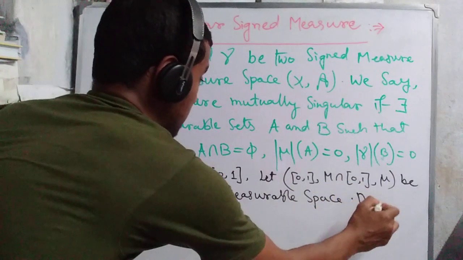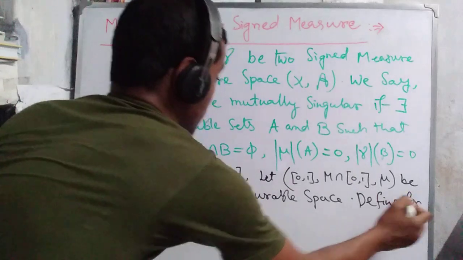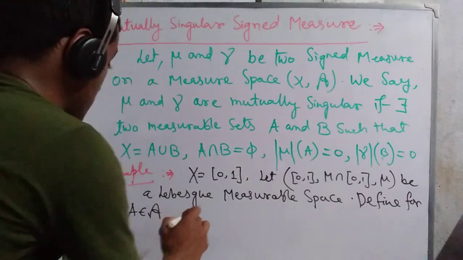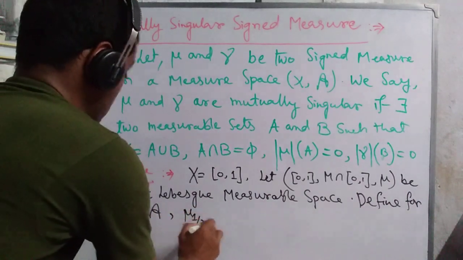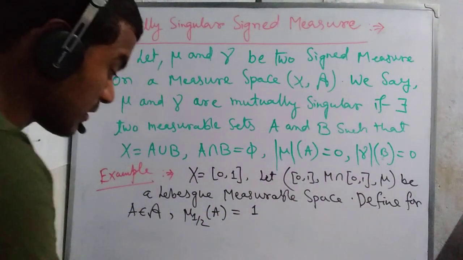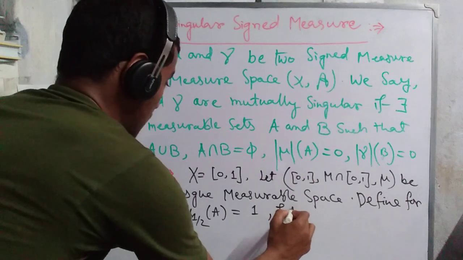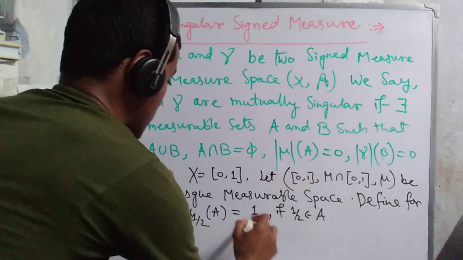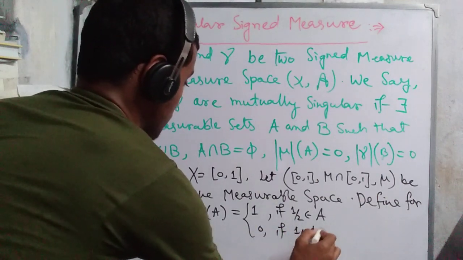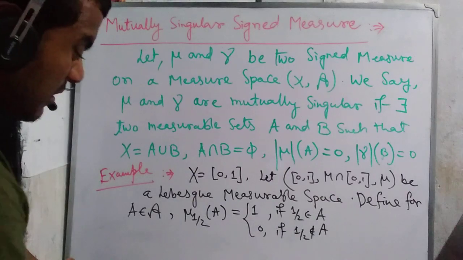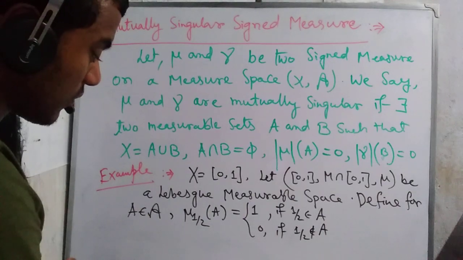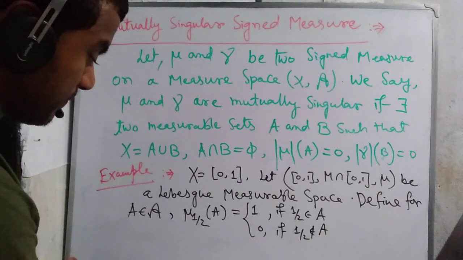Then define, for A belonging to script A, mu half of A equal to 1 if half belongs to A and 0 if half does not belong to A. Then what happened? Then mu half is a measure on X, A.